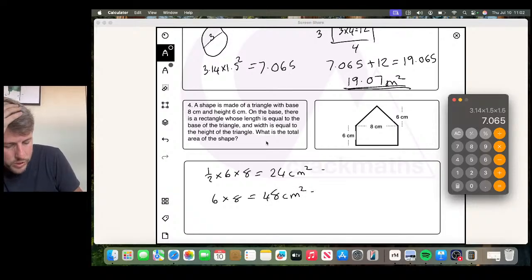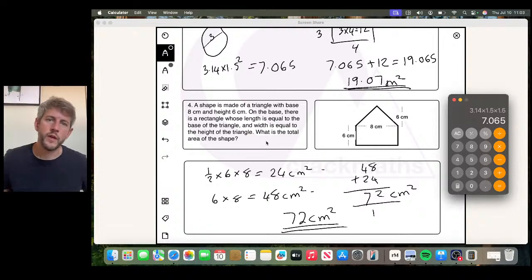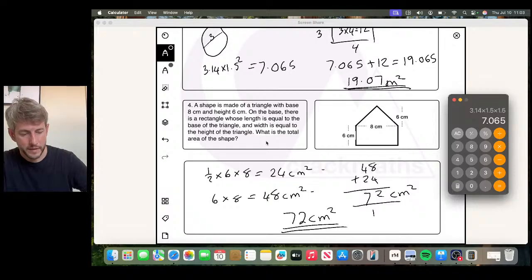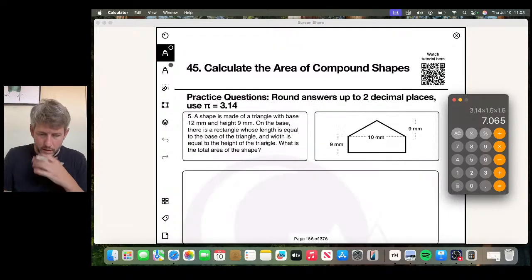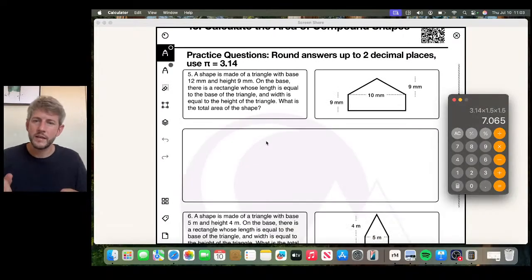Okay, and then we'll just need to add those together. 48 add 24 is going to be 72 centimeters squared. And let me just write that now nice and clearly underlined so that I can see that nicely when I mark it. Okay, right.